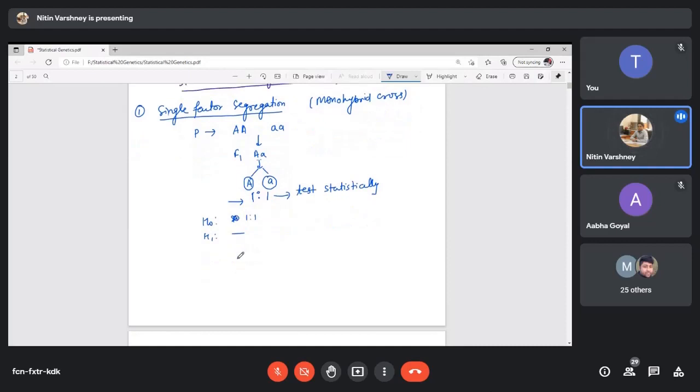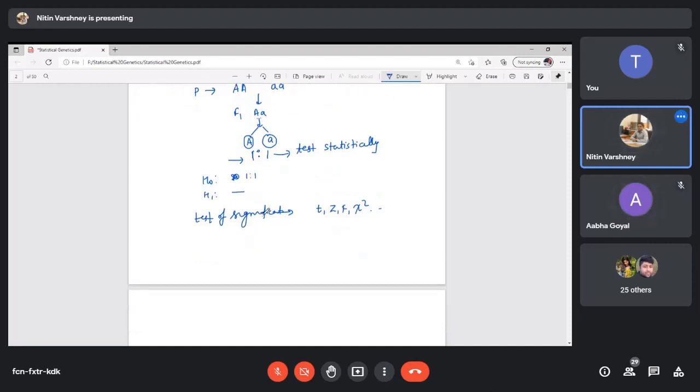Now, different tests of significance are there. What types of tests of significance are there? T test, F test, Z test, chi-square, and all. These tests will be used for testing this ratio, whether it is significantly different.